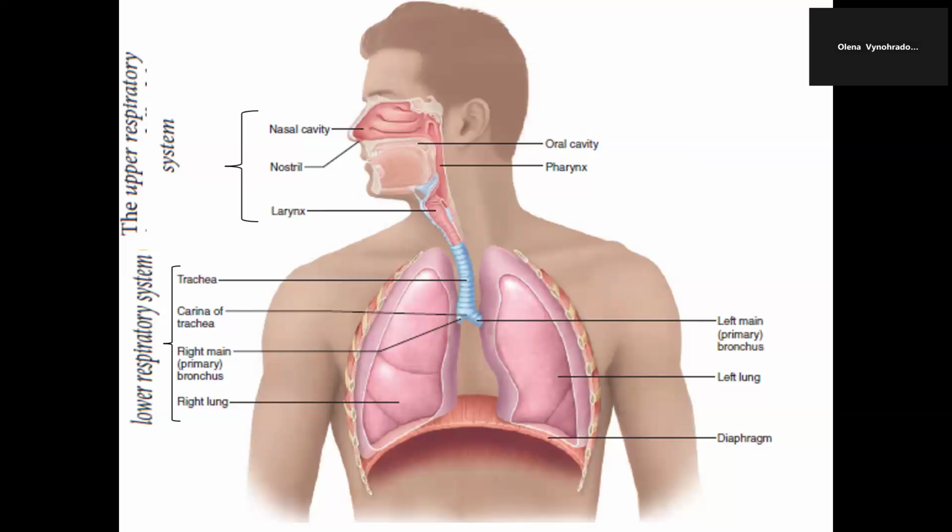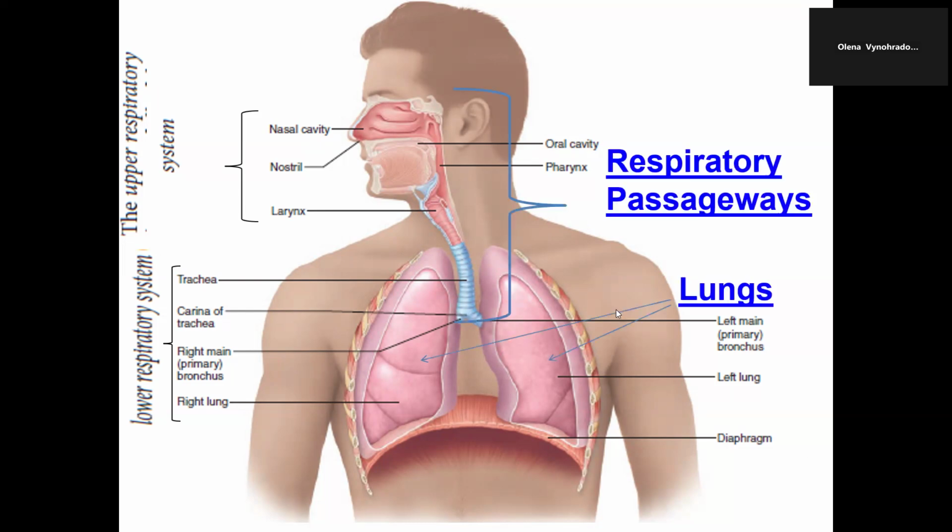The lower respiratory system consists of trachea, bronchus, and lungs. All components starting from the nostril until the bronchus are named respiratory passageways. Gas exchange happens only inside of the lungs.